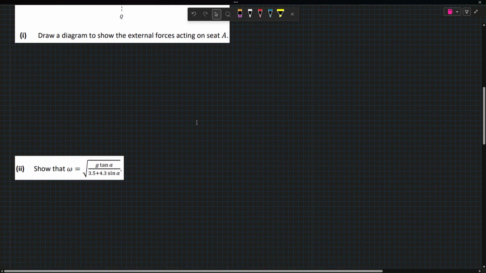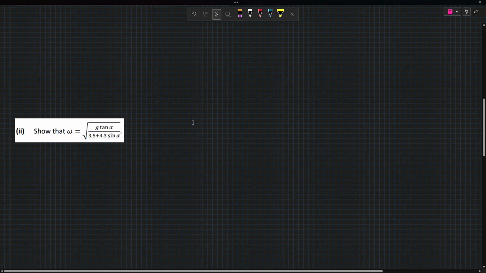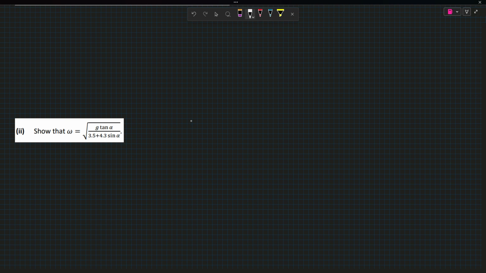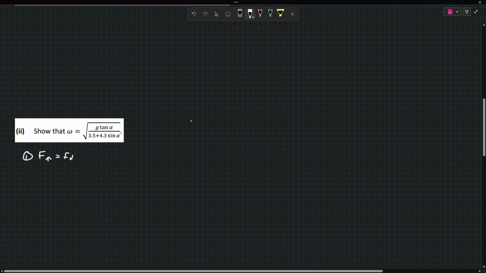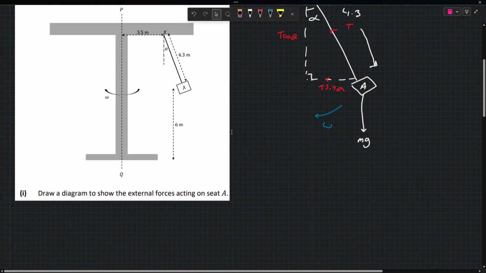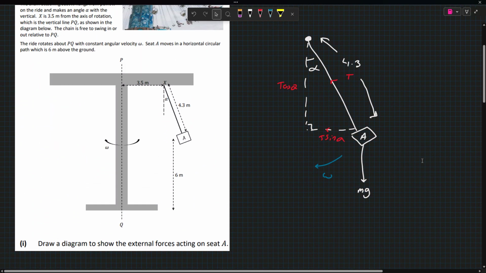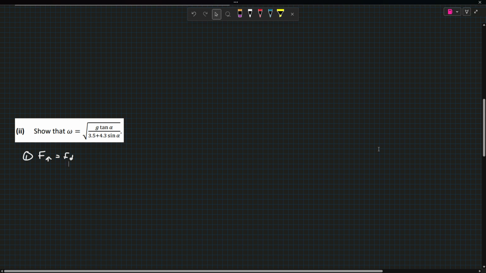Cool. Now we're told to find that omega is root g tan alpha over 3.5 plus 4.3 sine alpha. So we have to remember two laws of horizontal circular motion. The first one is that the forces up is equal to the forces down. Now the forces up is T cos alpha and the forces down is mg, so they have to equal.